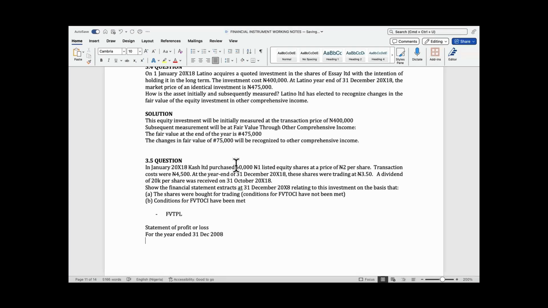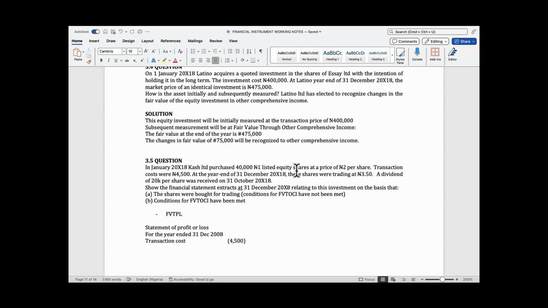So I bought 40,000 shares at 2 naira. Transaction cost is 4,500. I already taught you that for equity investments classified at fair value through PL, transaction cost will be expensed. So it goes to PL.